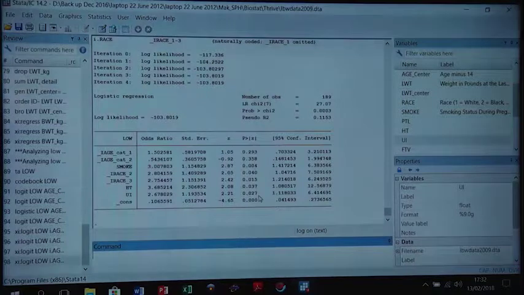So you can present your analysis with the same outcome as continuous for those who want to know how much birth weight changes. Or you can put it as a categorical for people who want to know the odds. I don't care about the difference in kilograms per unit change. All I need to know is how likely is it that a mother in this category will get a low birth weight baby compared to this category.